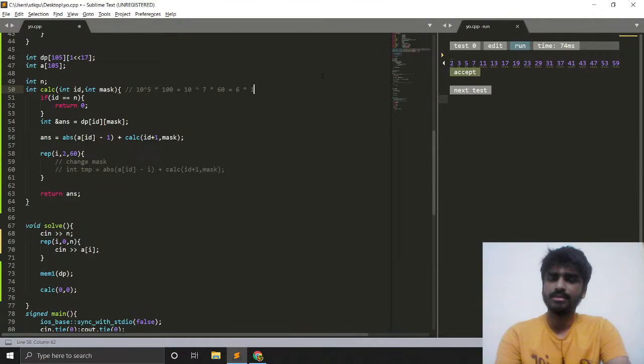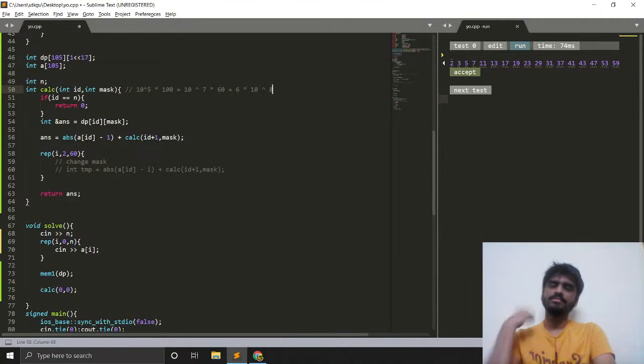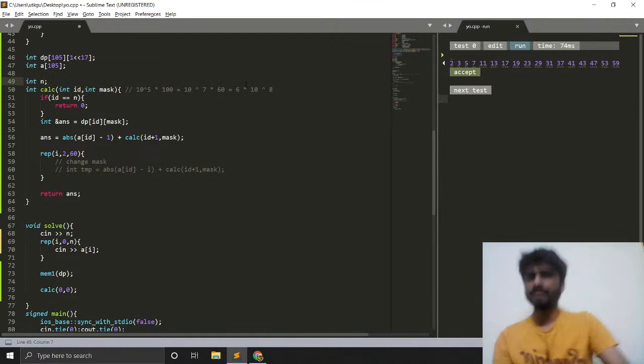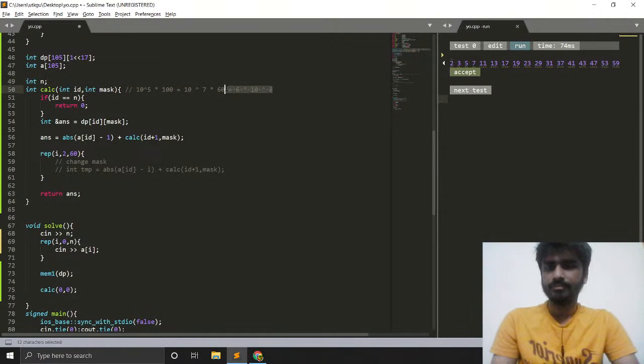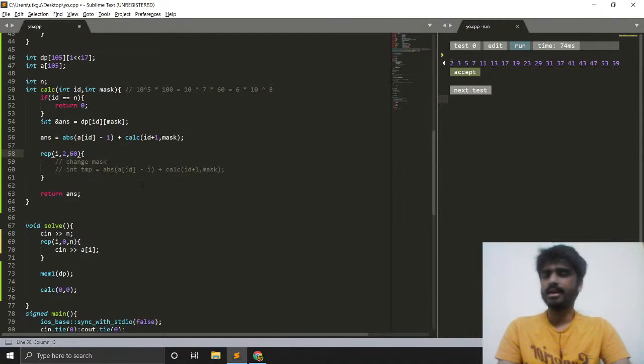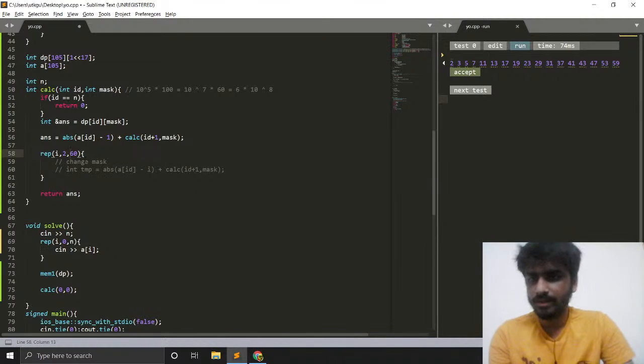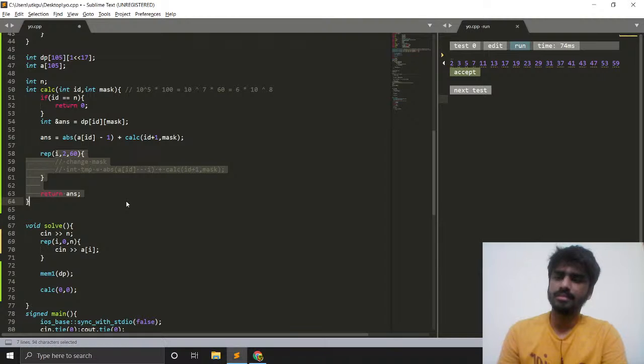It's like 6 into 10 to power 8. Now this can work because we have 4 seconds, so it will be fine. But if we spend more time trying to figure out the factors of this number, then I think it might become a problem.